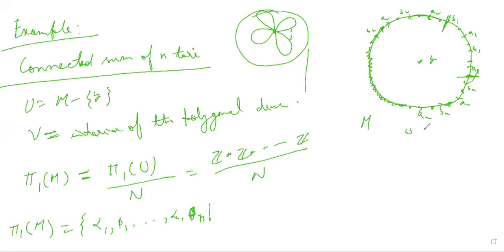So if we consider ω to be a generator, then ω will go to the class α1 β1 α1 inverse β1 inverse α2 β2 α2 inverse β2 inverse, and so on, αn βn αn inverse βn inverse. So ω will go to the class of this.